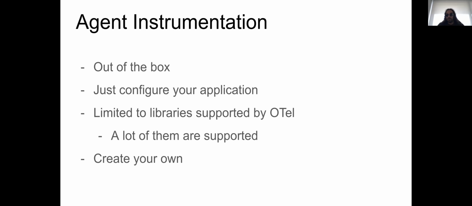The idea with the agent is, let's say you have a legacy application, or an application you don't want to change the code of, or it's really hard to put new dependencies on it, or even the runtime doesn't support it. Well, that's easy. You just start your JVM, plug in the agent, and the agent will auto-instrument your application and start collecting span information from your app. That's a very simple way to start.